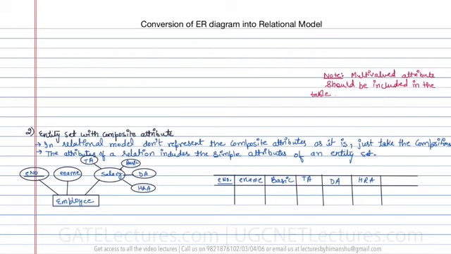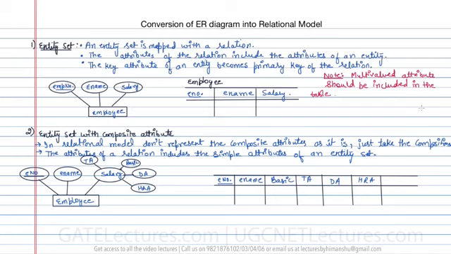Now let us check out the next one. Now if you have a multi-valued attribute, then those multi-valued attributes should not be included as they are.